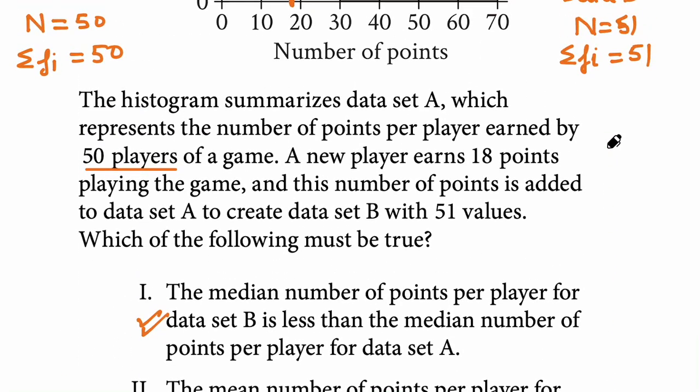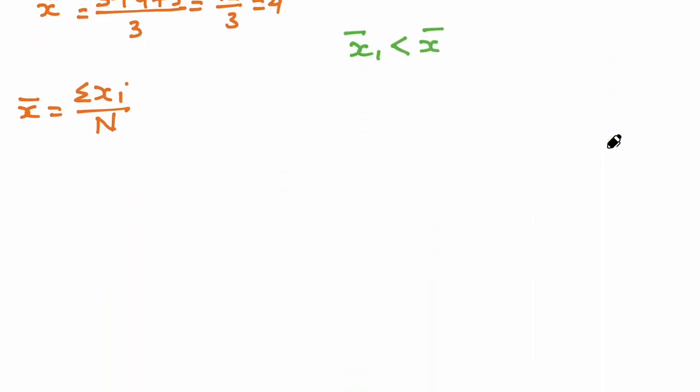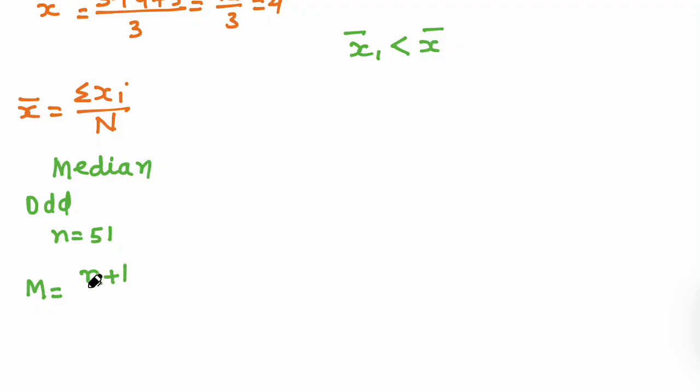The number of observations is 50 and 51. Now we have to use the basic concept of median. If the number of observations is odd, here n is 51, then the formula for the median is the (n plus 1) by 2th observation.